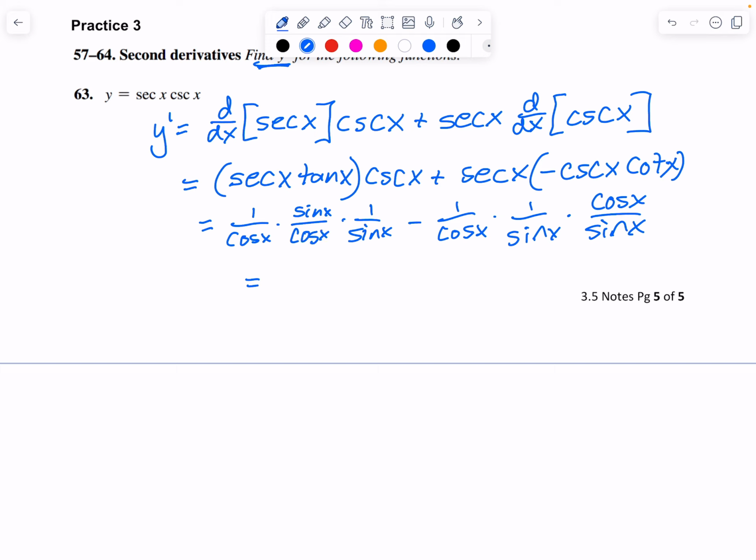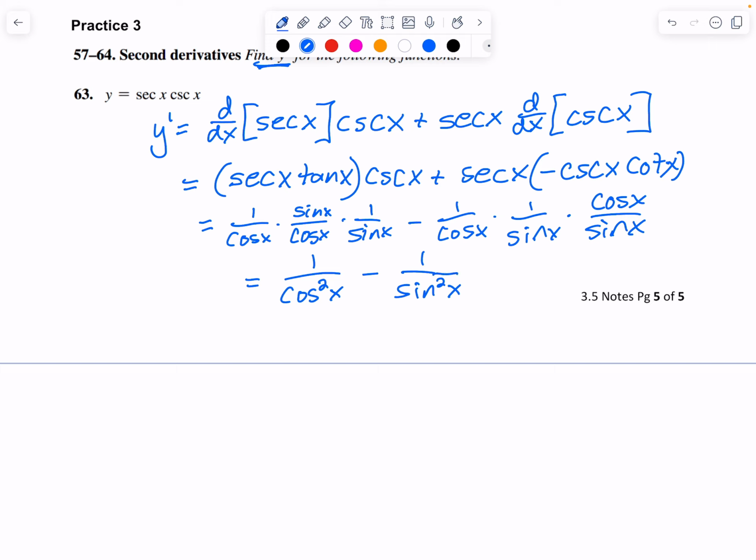Notice that the sines cancel, but I get cosine squared x minus, and then here the cosines are going to cancel, so I get, forgive me, my brain's not on, 1 over cosine squared x. And then the next one, the cosines are going to cancel, and I'm going to get 1 over sine squared x. Be careful. You can't just straight up combine them the way they are.